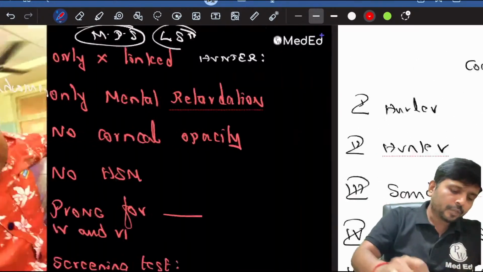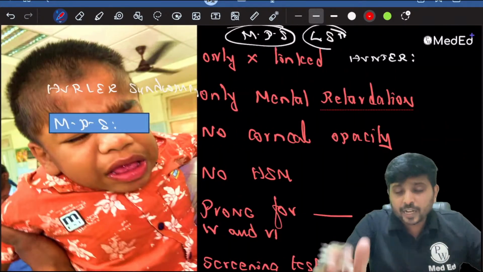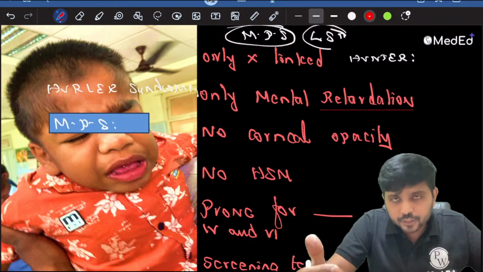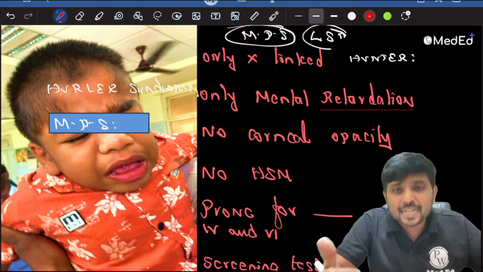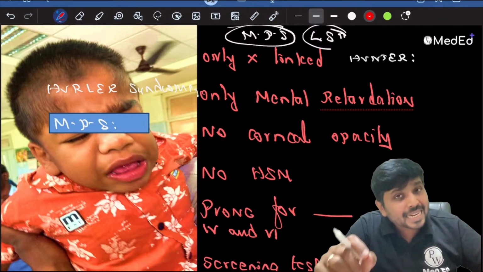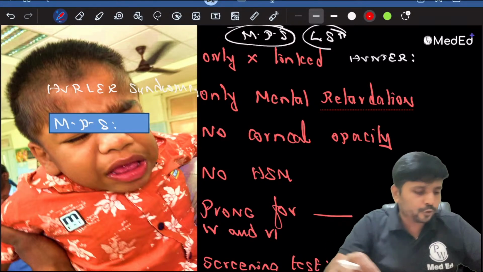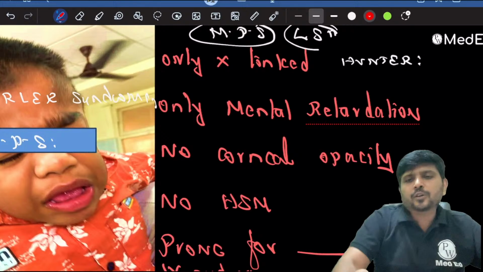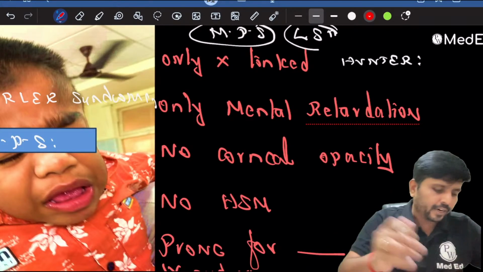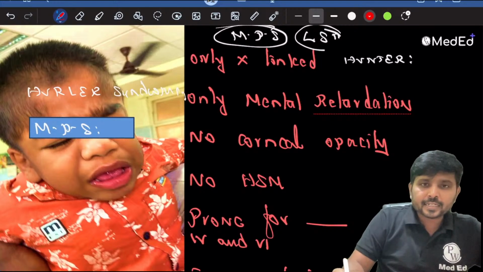mucopolysaccharidosis. Okay, so any child with coarse facial features, chubby features, thick eyebrows, thickened lips, protruded tongue, corneal opacity, think in terms of mucopolysaccharidosis. All are autosomal recessive except Hunter, which is X-linked recessive. Right. Mental retardation.